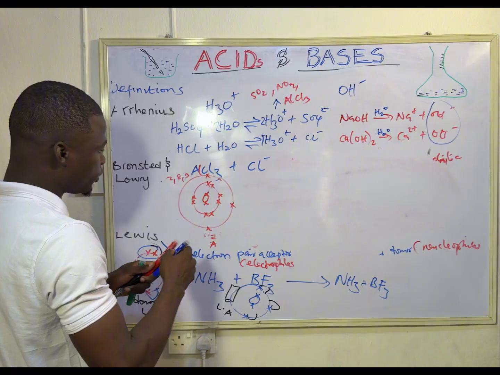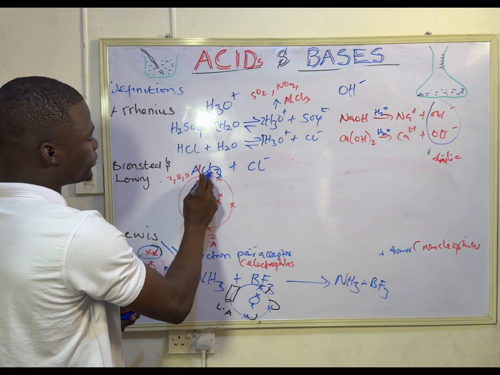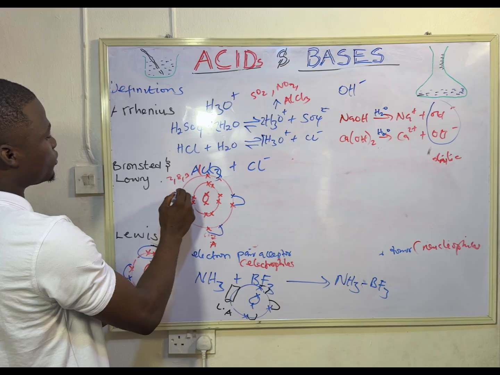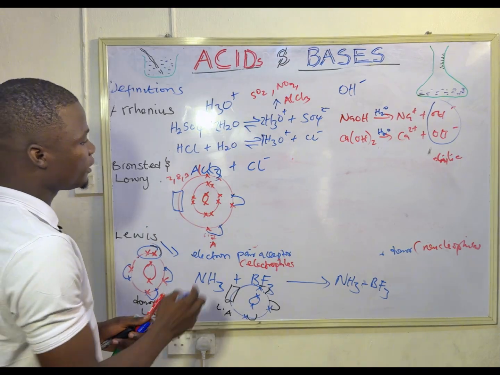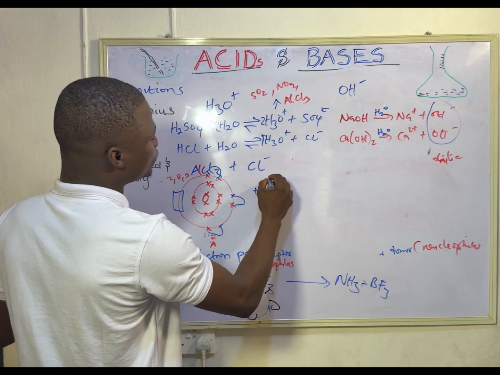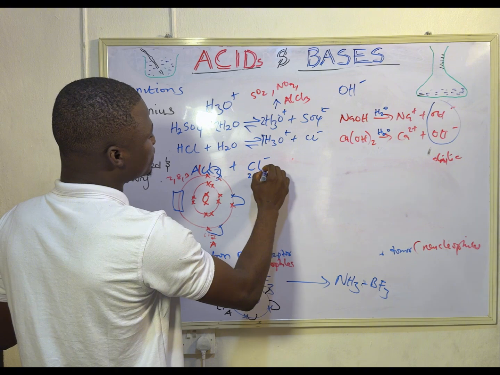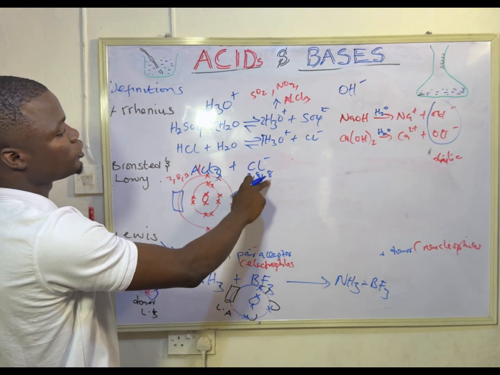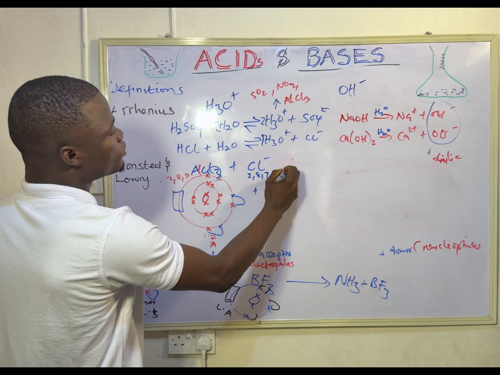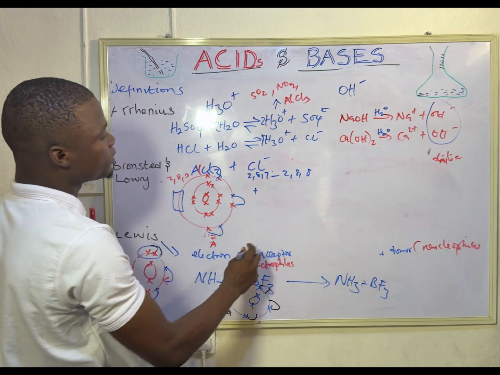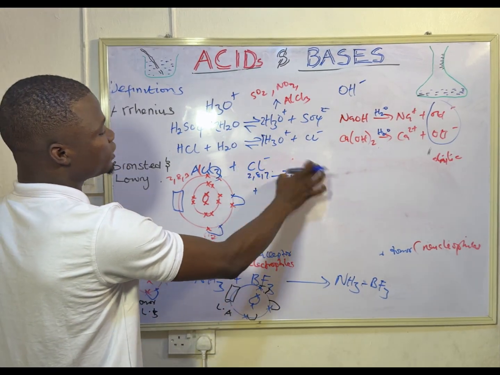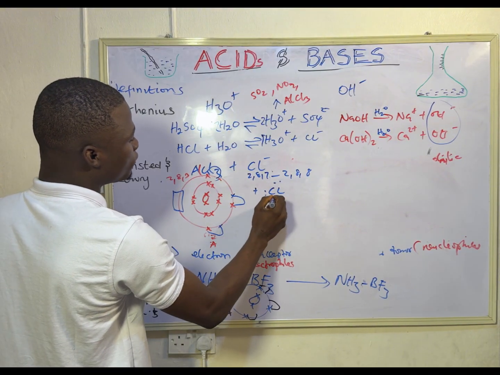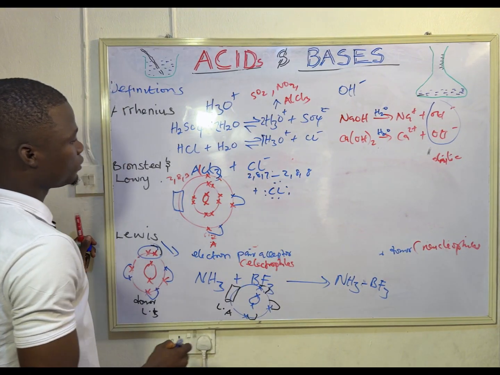So one of the chlorine atoms will be displaced, so there is an empty electron space here, while a chloride ion, which is 2, 8, 8. Chloride ion means it has accepted 1 electron, so from 2, 8, 7 it becomes 2, 8, 8. So that means that the outermost shell has 8 electrons.